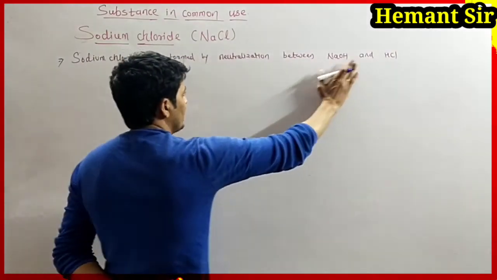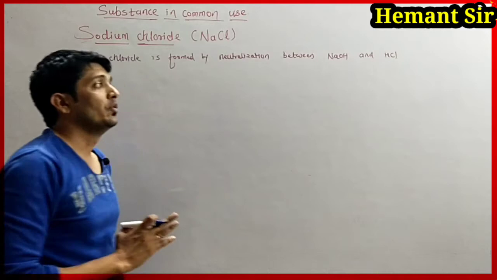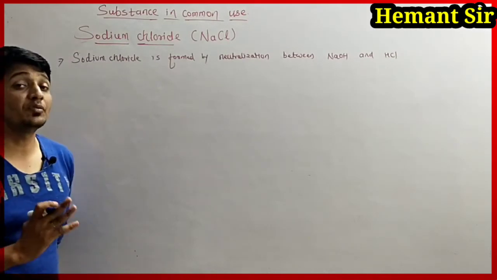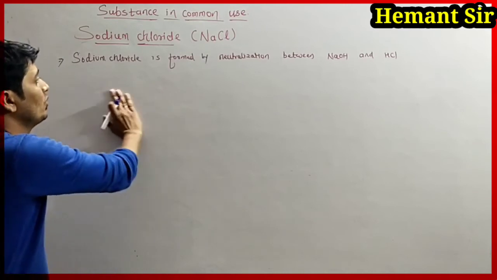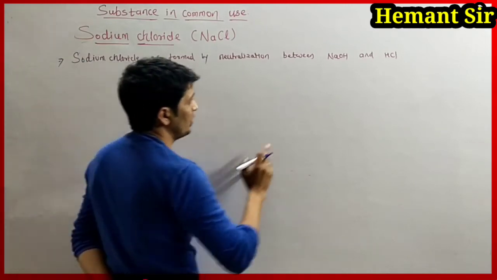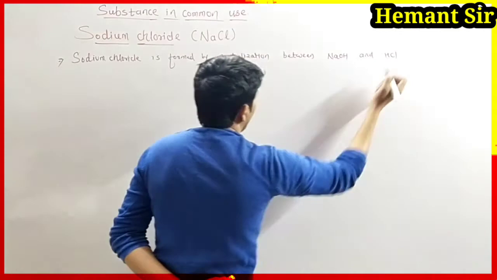It is the base and it is the acid, and we know when acid and base react they form salt, and that salt is sodium chloride. So sodium chloride is formed by the neutralization reaction between sodium hydroxide and HCl.